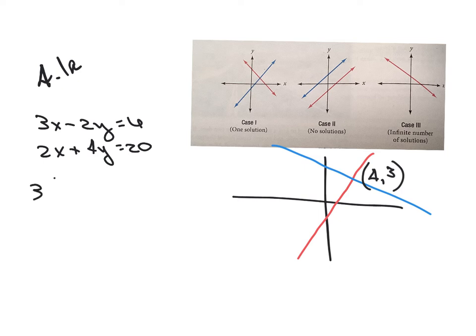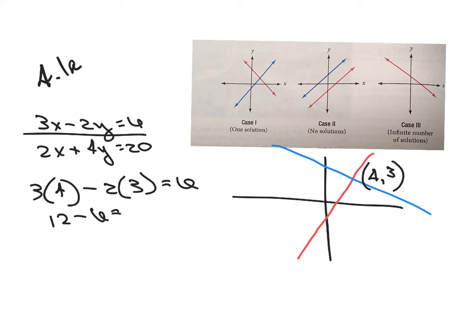So 3 times 4 minus 2 times 3 equals 6. So I just put in 4, 3 into that top equation. 6 equals 6. So those values for x and y work.